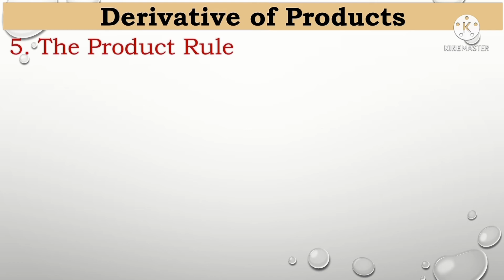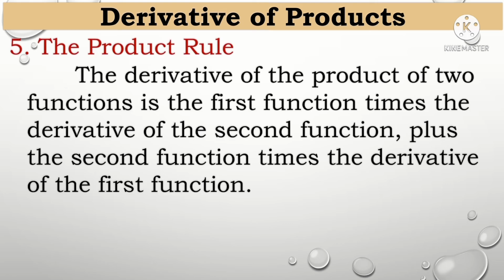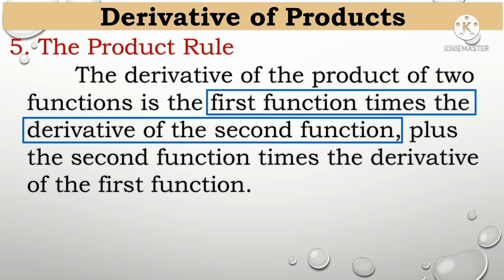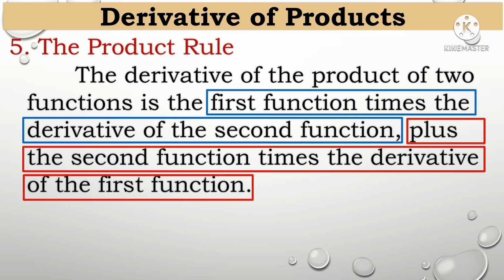Let's have the product rule. According to this, the derivative of the product of two functions is the first function times the derivative of the second function, plus the second function times the derivative of the first function. So this is the representation of that.